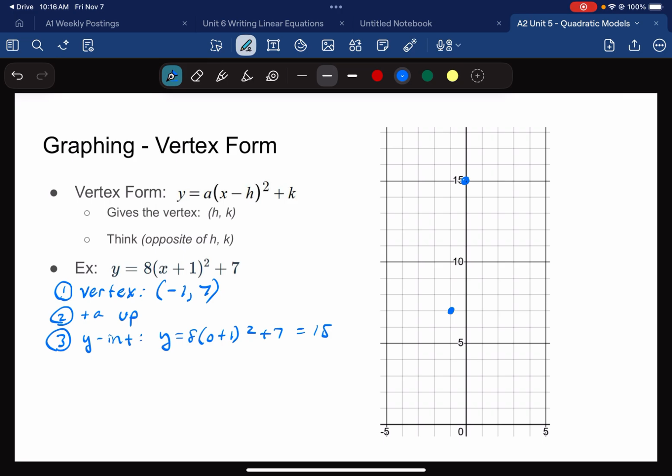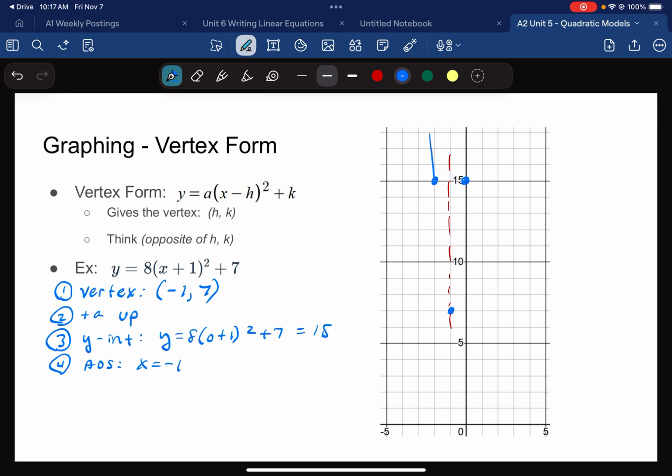And our AOS is negative 1, like that. And then mirror image that y-intercept over there on the other side. And now, does anybody see an issue with this parabola? Hopefully you do.